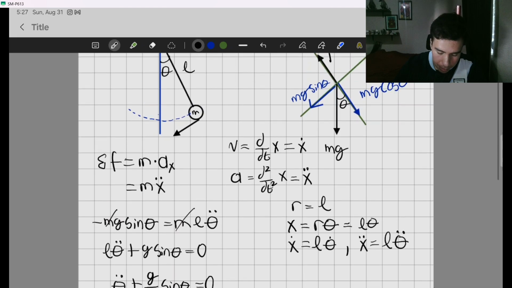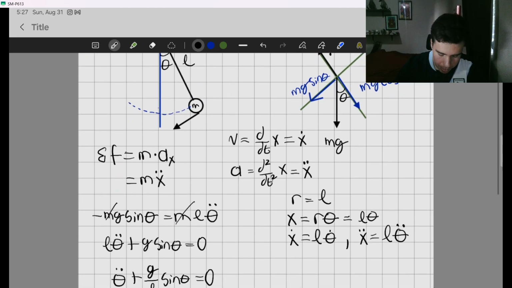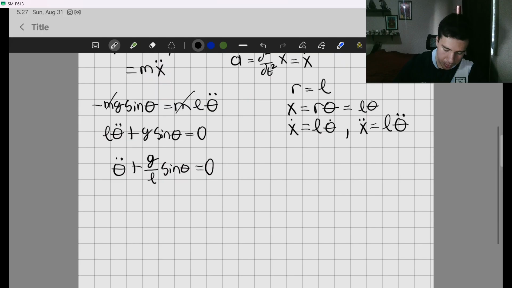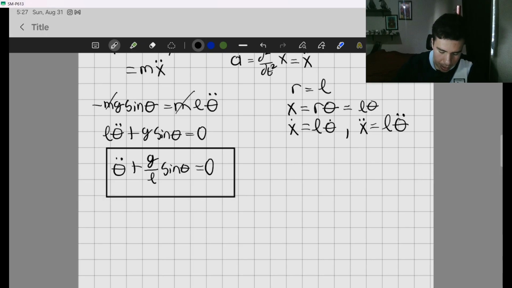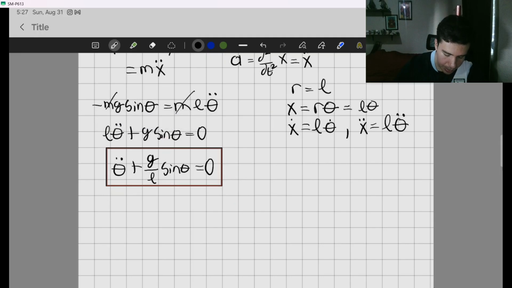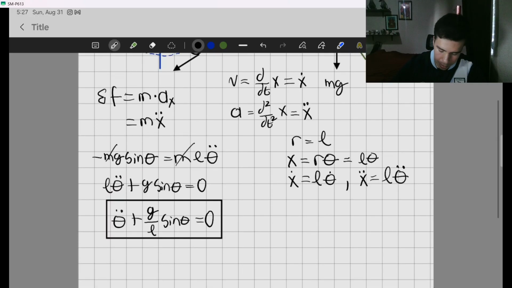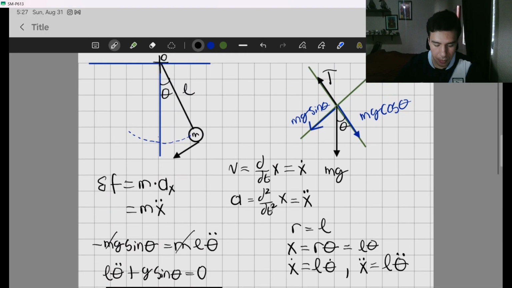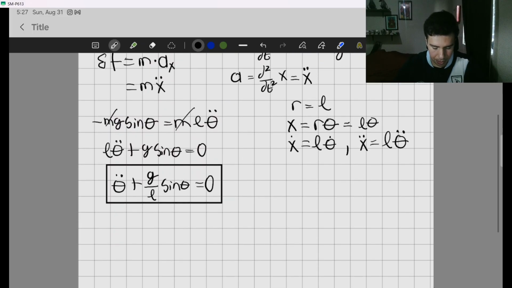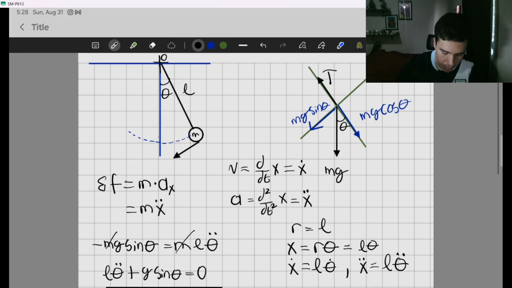So when we go with this approach, we found that this is the equation that governs not only the pendulum but other systems that oscillate. So this is our first approach to this problem that leads us to the harmonic oscillator.